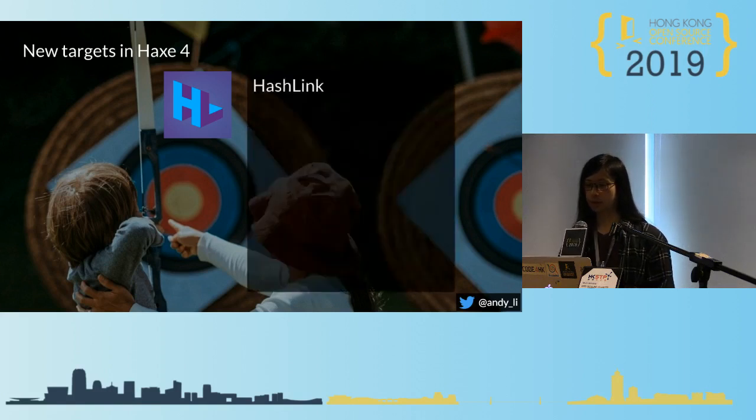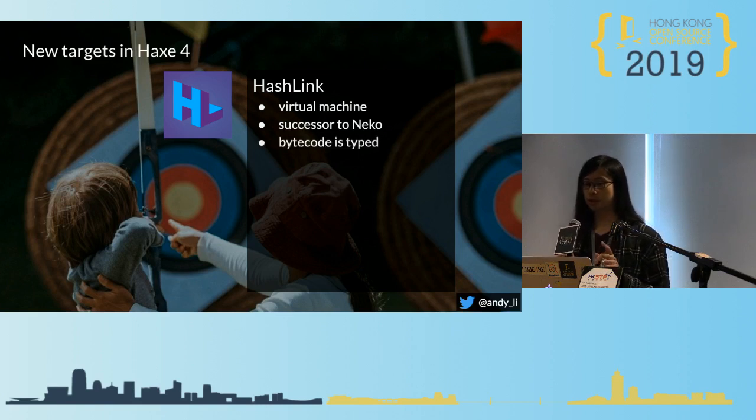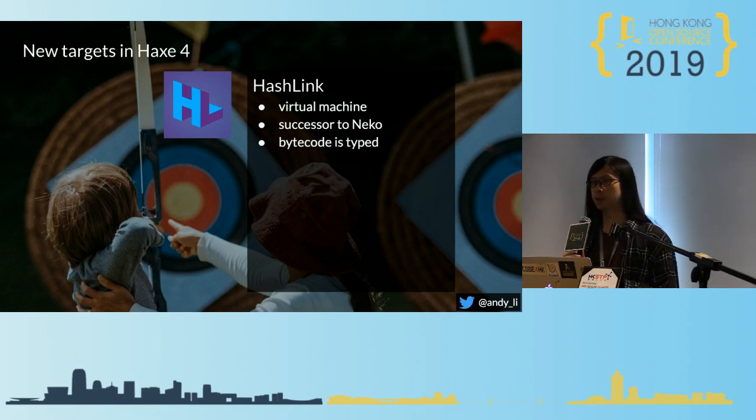It is a virtual machine, kind of like Neko, which is another virtual machine written by Nicolas, the author of Haxe. The major difference between HashLink and Neko is that the HashLink bytecode is typed, and it has a lot of performance optimizations within it, so it's much faster than Neko.